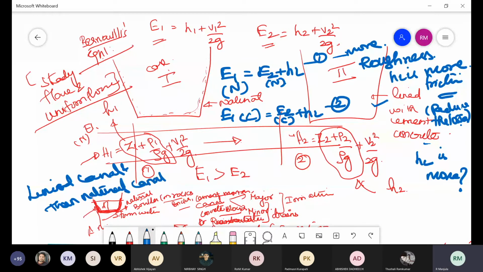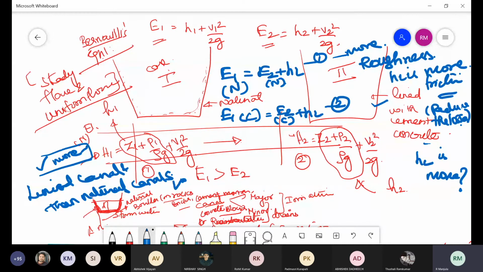But the cost involved in a lined canal is more compared to natural canals. Am I right? Because you have to go for the lining process, which again involves cost.